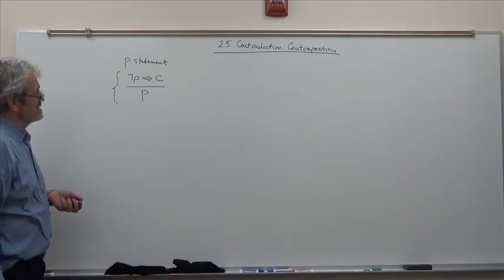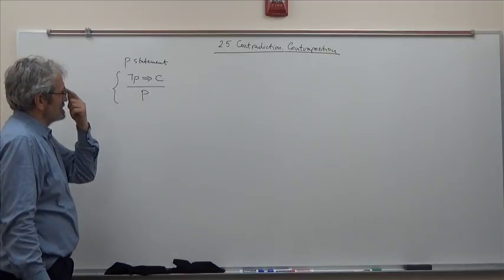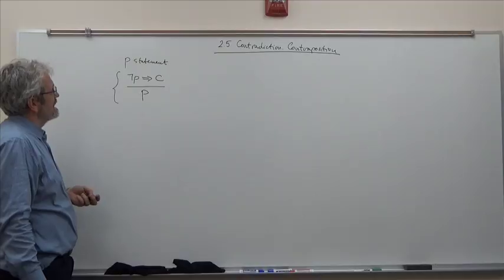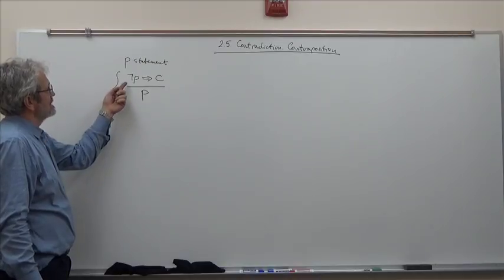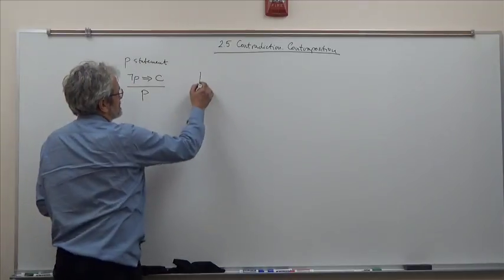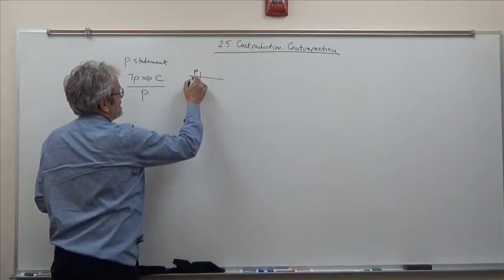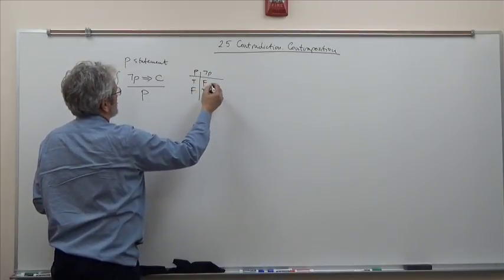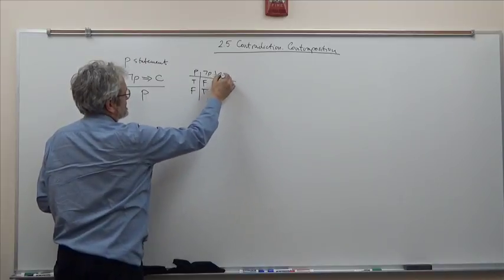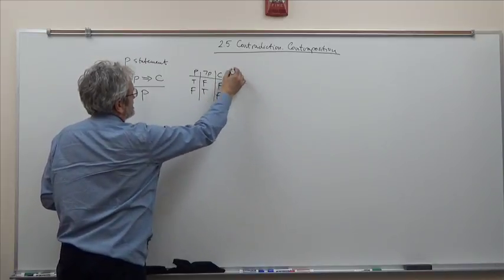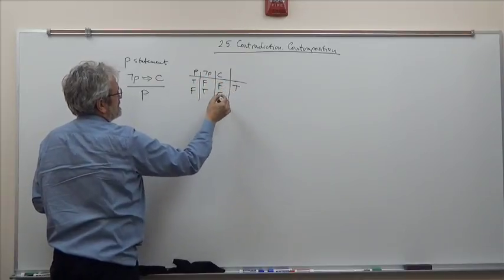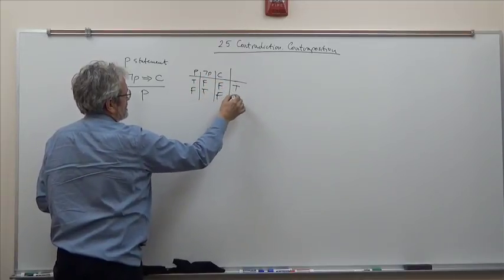Or you can argue in a more precise way just using the truth table. If you look at the truth table with P true, false, then not P is false, true, and the contradiction C is always false. So not P implies C is true only in the line where not P is false, and true implies false is false.